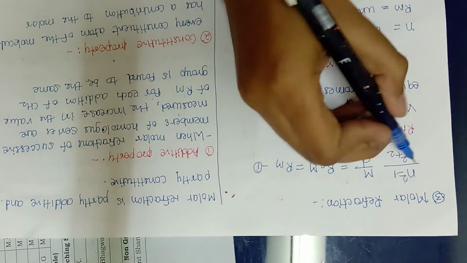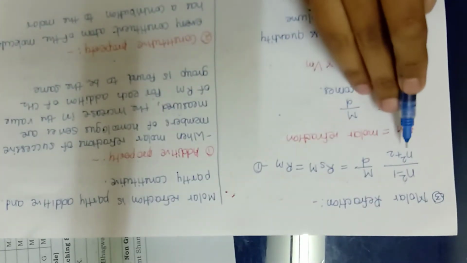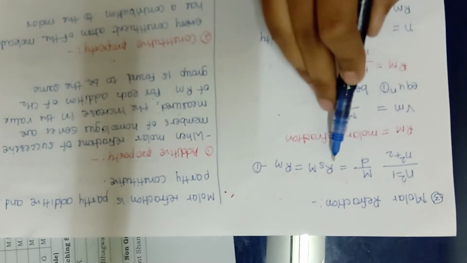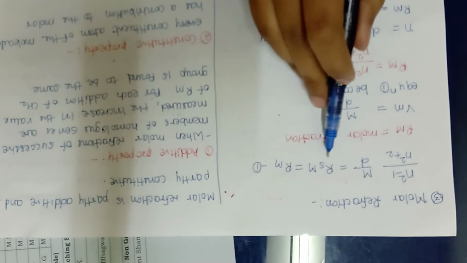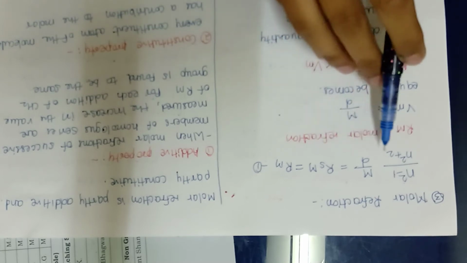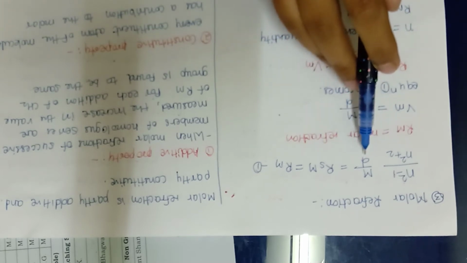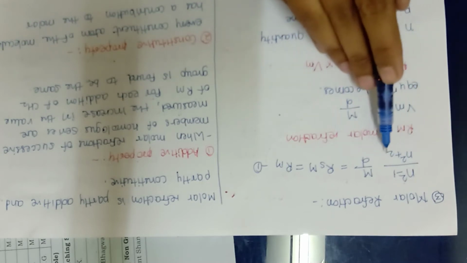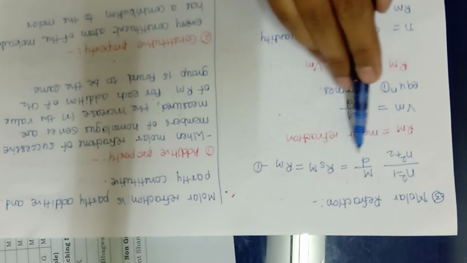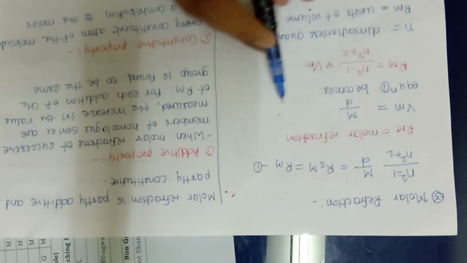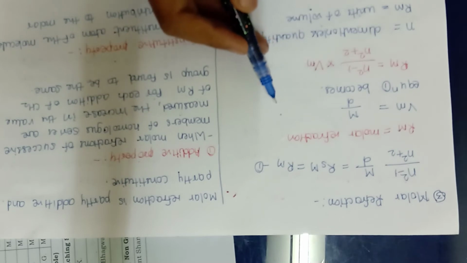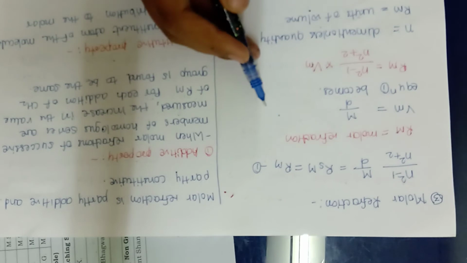So first we have (n square minus 1) upon (n square plus 2), 1 upon d, equal to Rs. Rs is the specific refraction of the substance, but we multiply both sides by the molecular weight M. So we get (n square minus 1) upon (n square plus 2), M upon d, equal to Rs into M. So Rs into M equals Rm. It is the molar refraction, and Rs is the specific refraction.